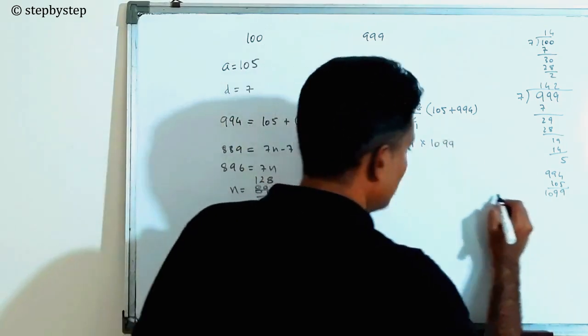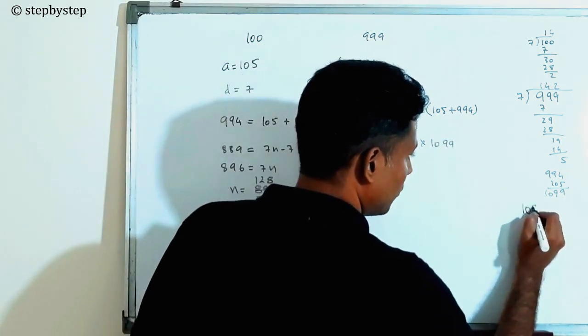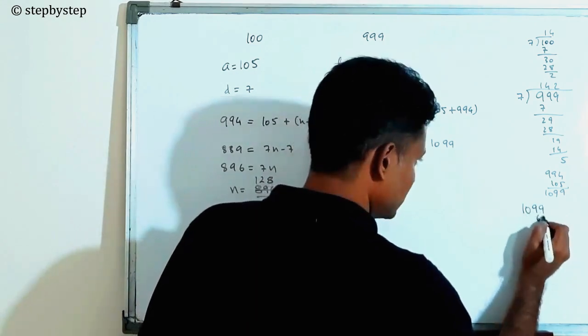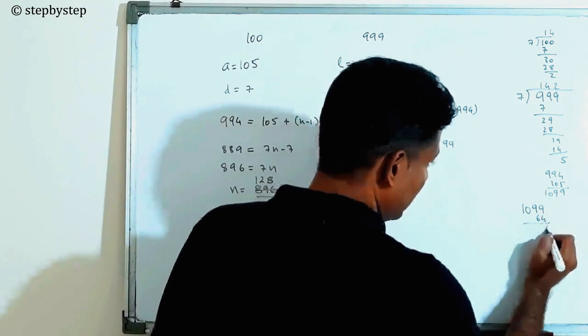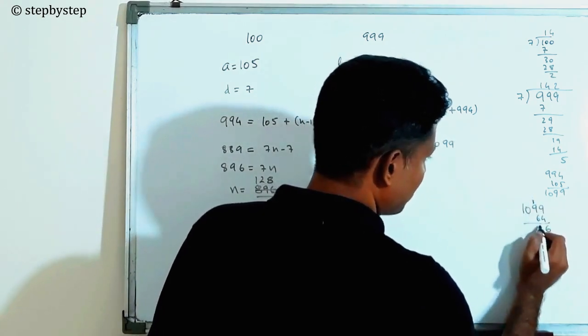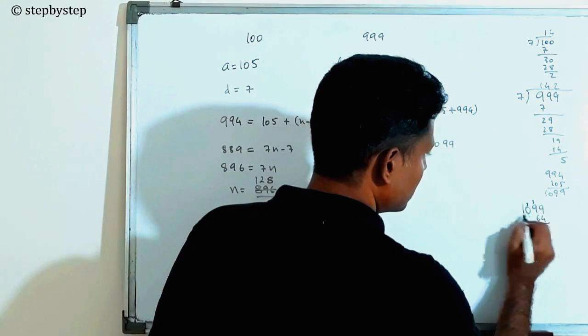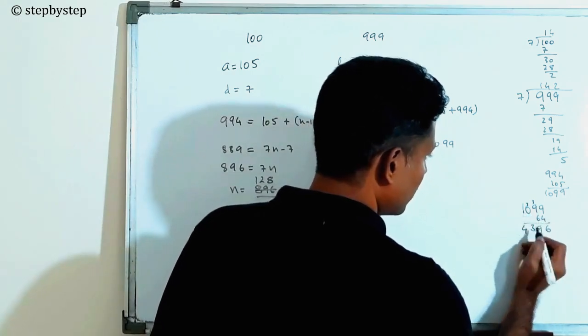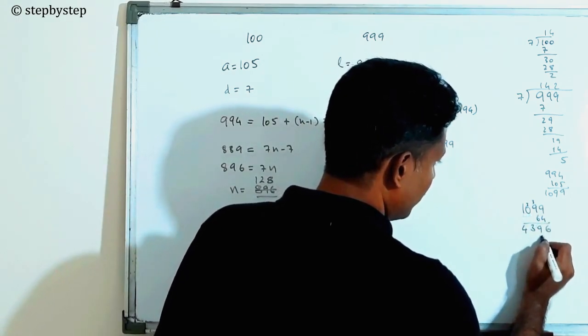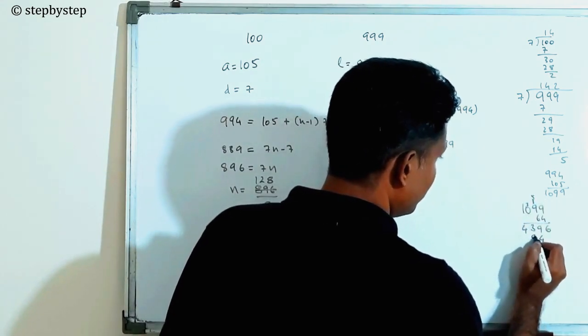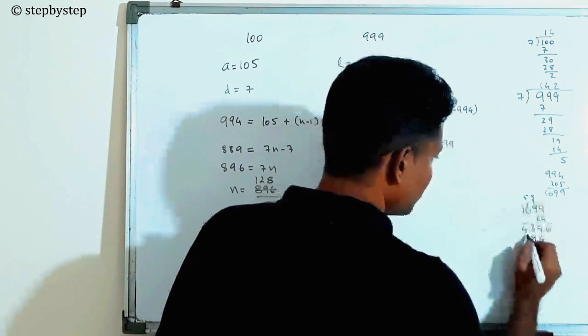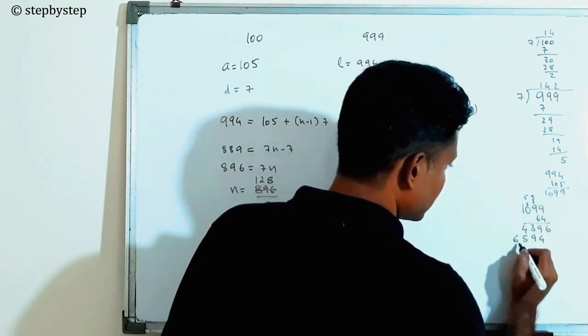So multiplying these two, I'll multiply it here, 1099 into 64. 9 fours are 36, 36 plus 3, 39, 0 plus 3, 3, 4. And 6 nines are 54, 54 plus 5, 59, 0 plus 5, 5, 6.